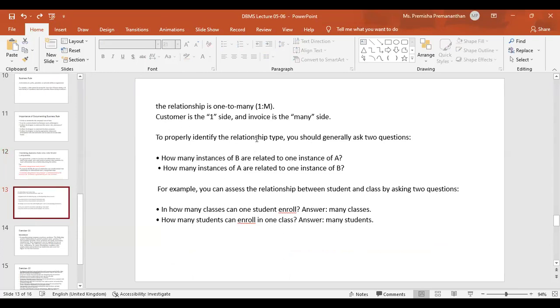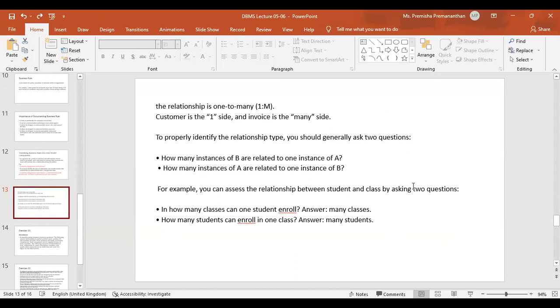So to properly identify a relationship type, you should generally ask two questions. When it comes to two entities, A and B, the first business rule is read as A to B direction.